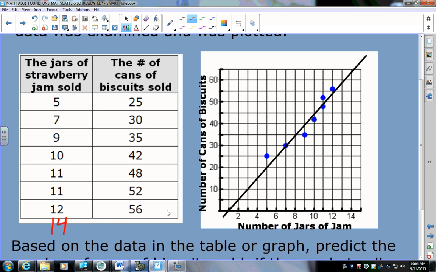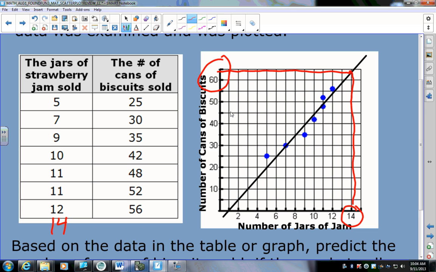When X is 14, when the jam is 14, what are the number of biscuits? And you go up to your line, and it looks like it's somewhere up here, each line goes by 5, it's between 60 and 65.